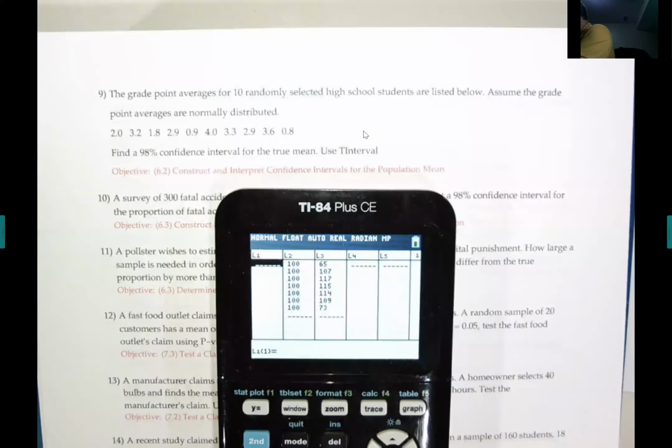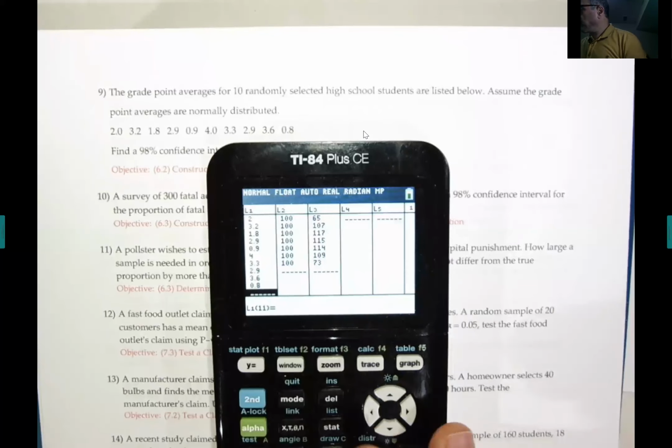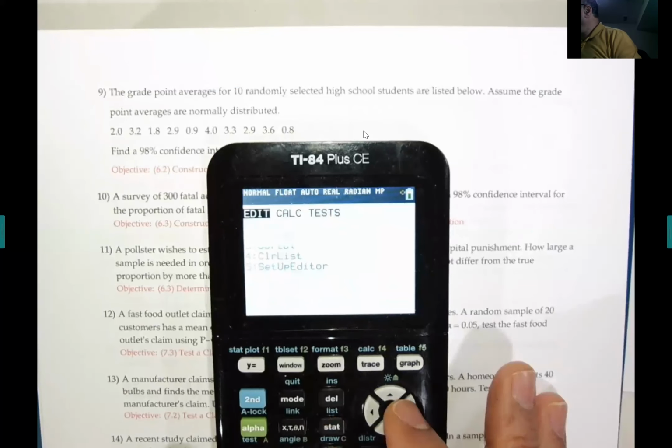So I got 2, 3.2, 1.8, 2.9, 0.9, 4, 3.3, 2.9, 3.6, 0.8. All right, and look what you do. You just go to stat, tests, and then it's a T interval.